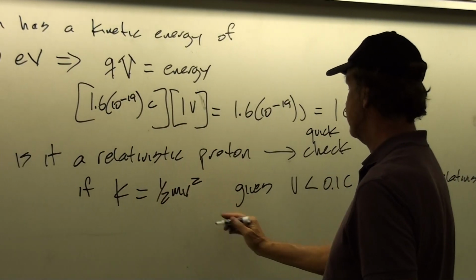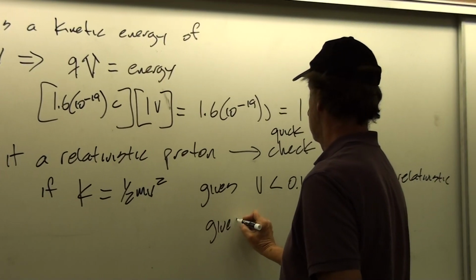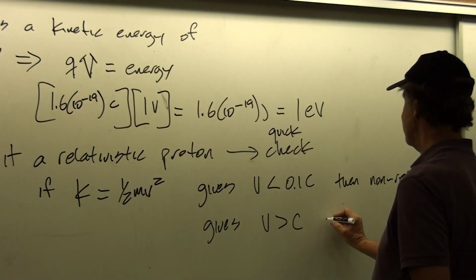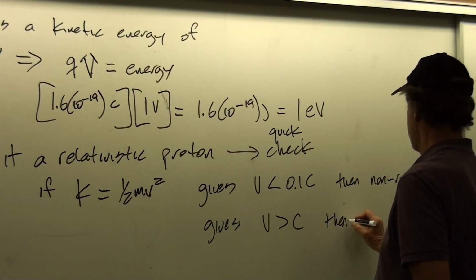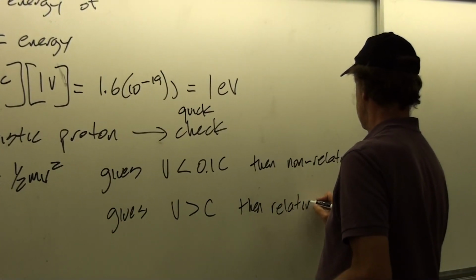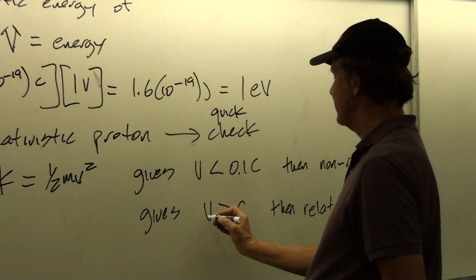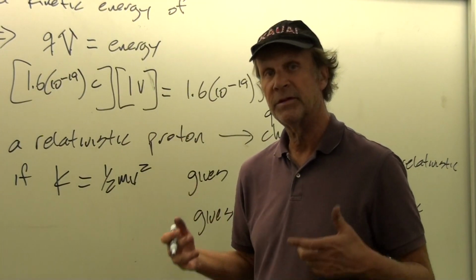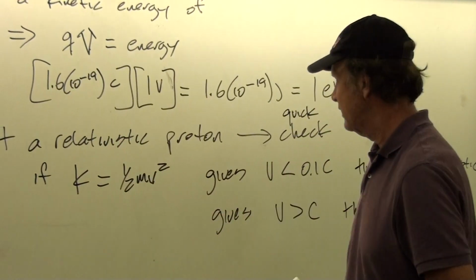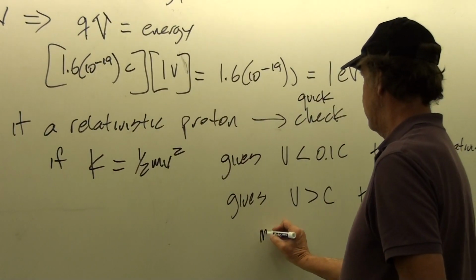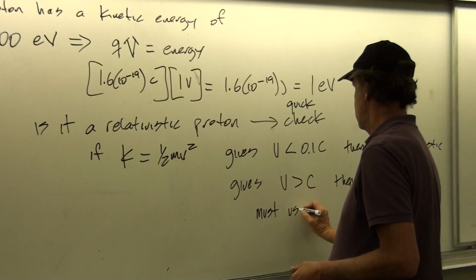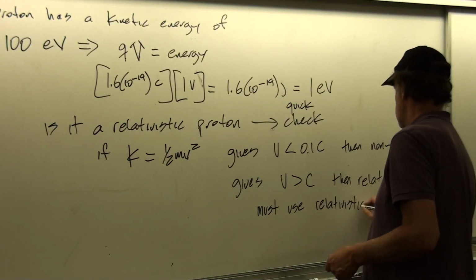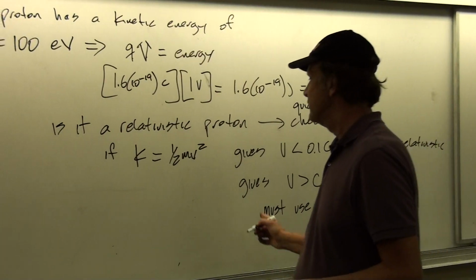However, if this expression for the kinetic energy gives a velocity v that's, for example, greater than c, then it must be relativistic. Because only as we get to closer and closer velocities to c does the increase in mass start becoming significant, and that changes the kinetic energy expression, and we must use the relativistic K. All right, so that's what I'm going to do here.